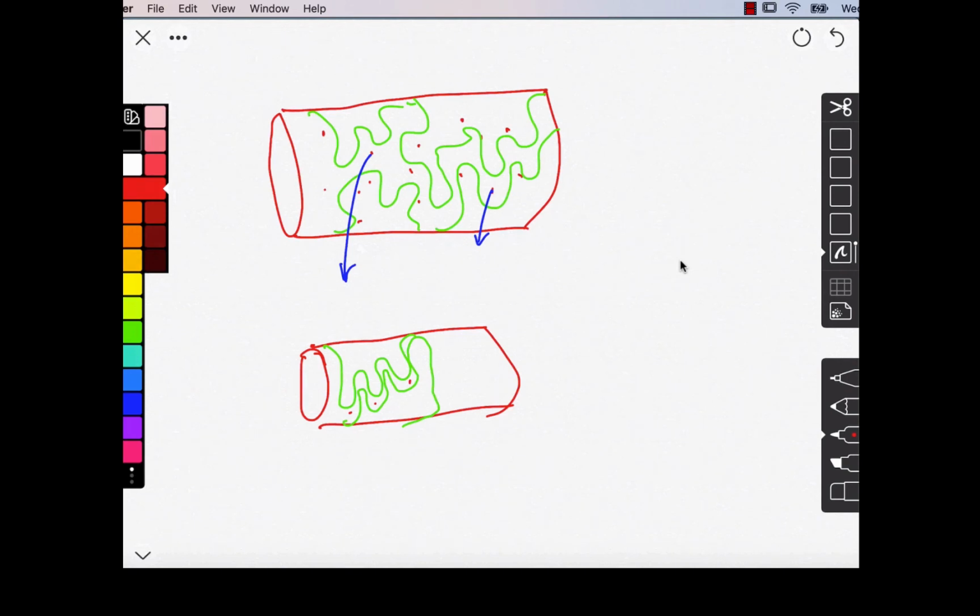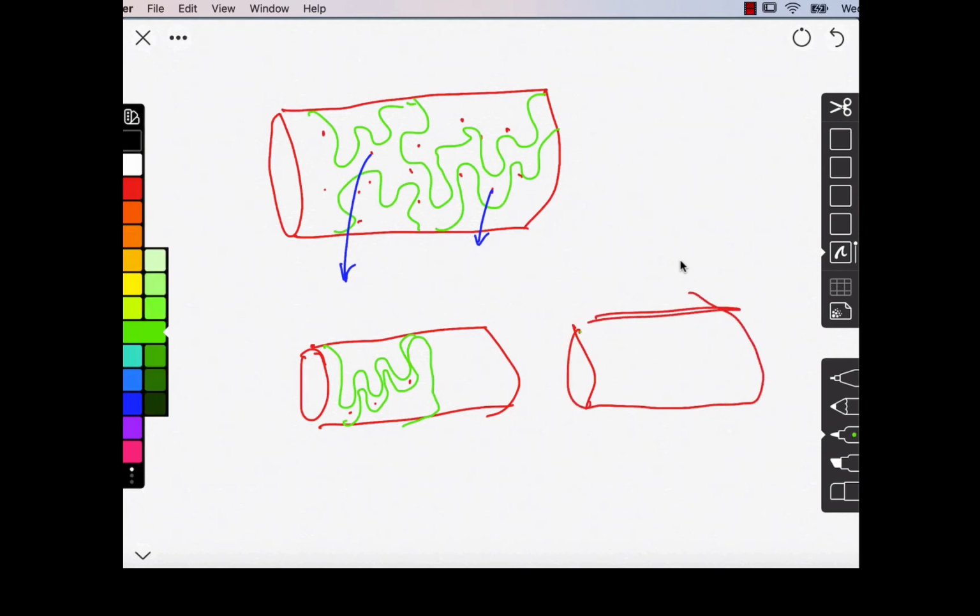When the blood pressure is low, then those podocytes are able to recede a little bit more, making larger spaces, and those larger spaces will have more points where fluid can come out.